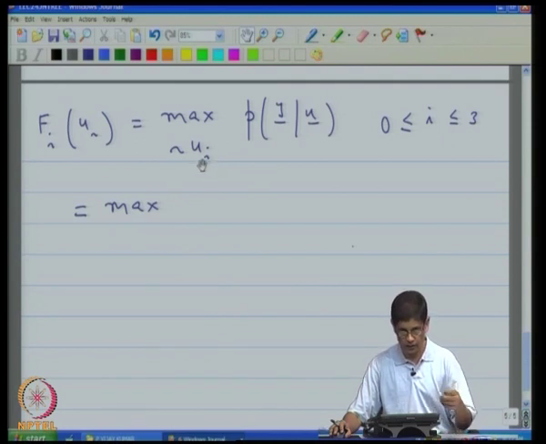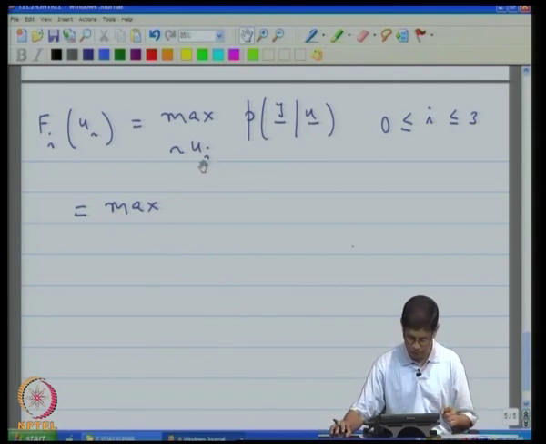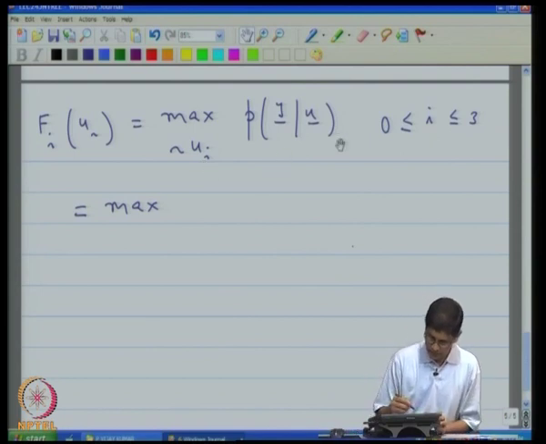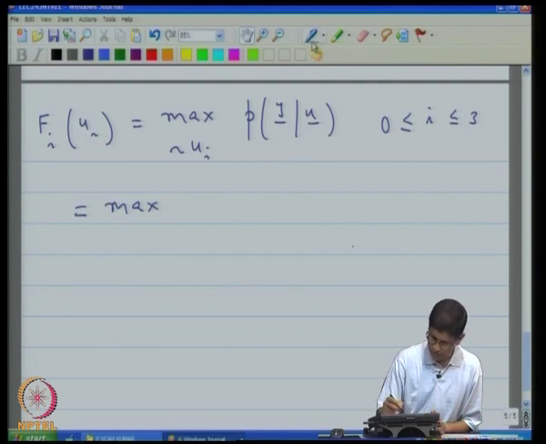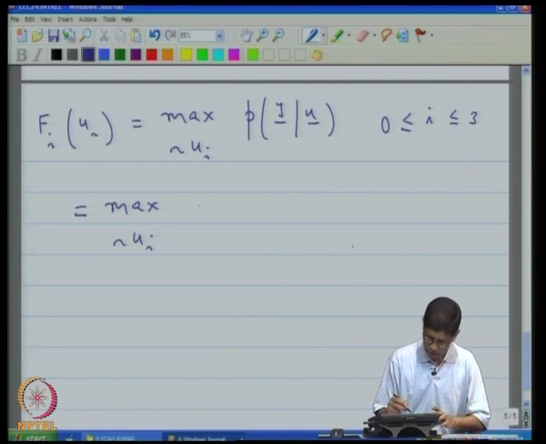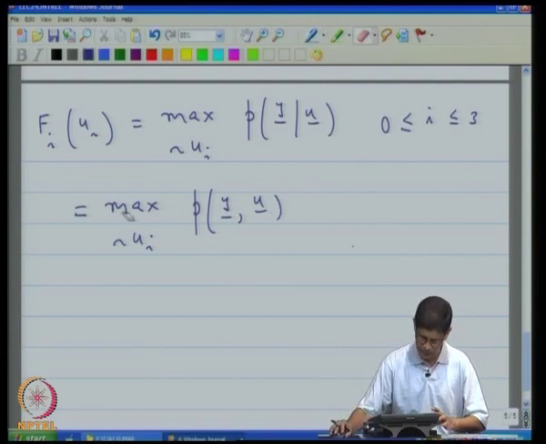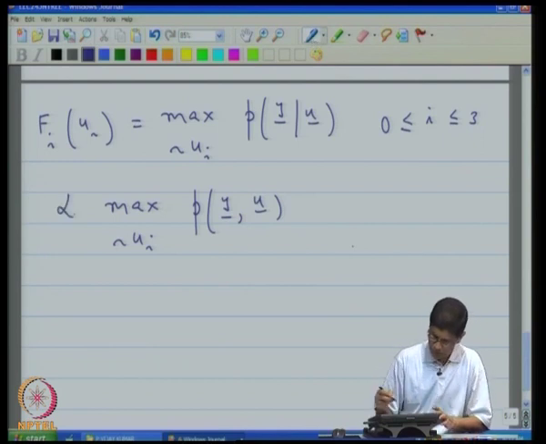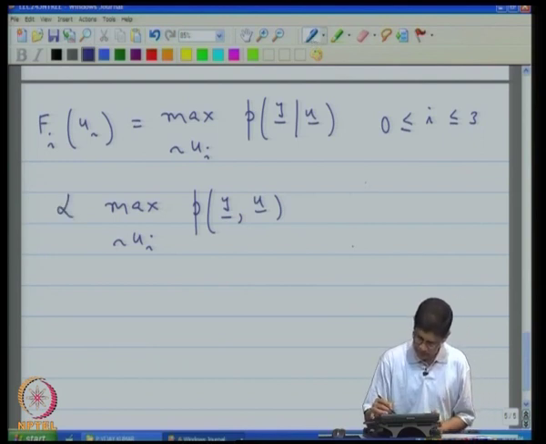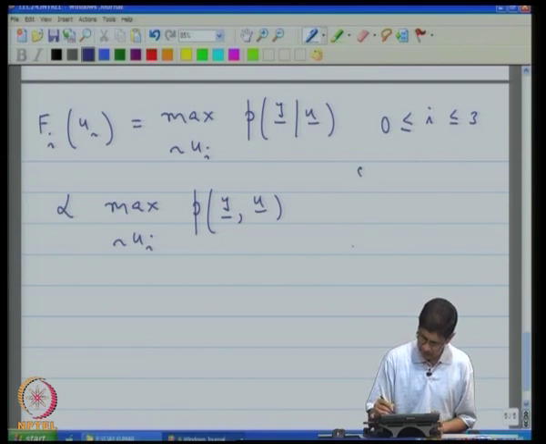It is the "not", and we have seen that before. I can write P of y comma u, and actually it is proportional to this, the reasoning being that all message vectors are equally likely.